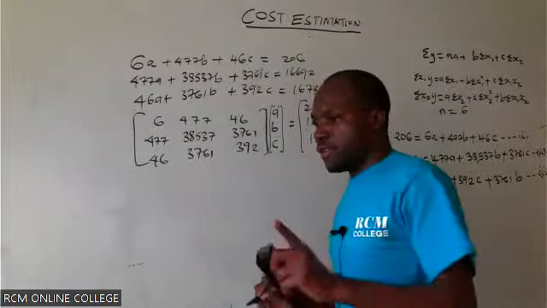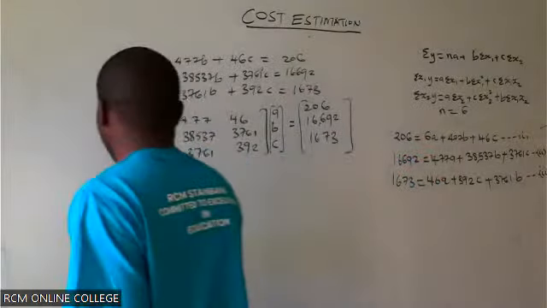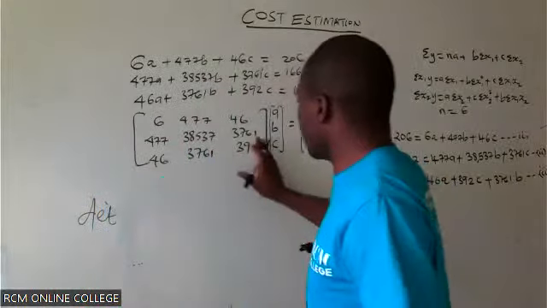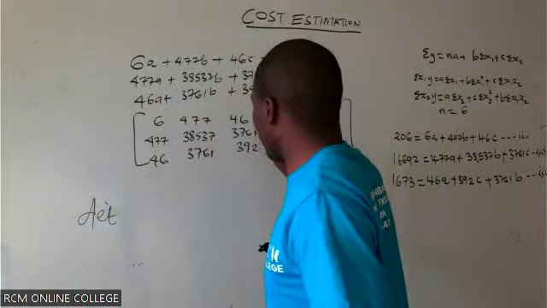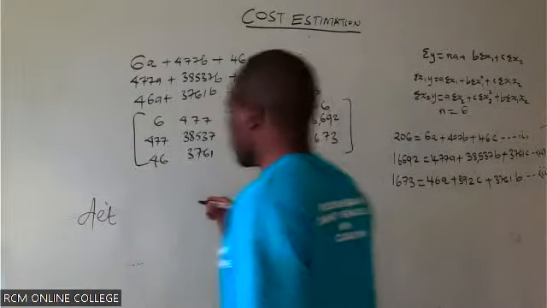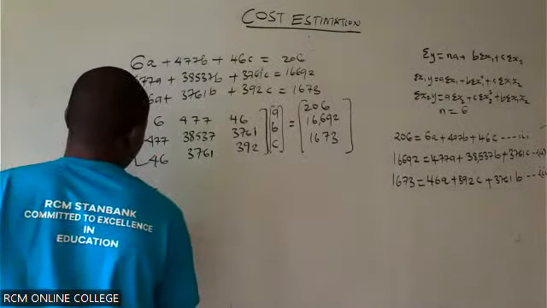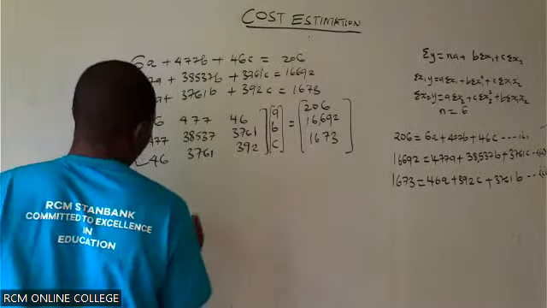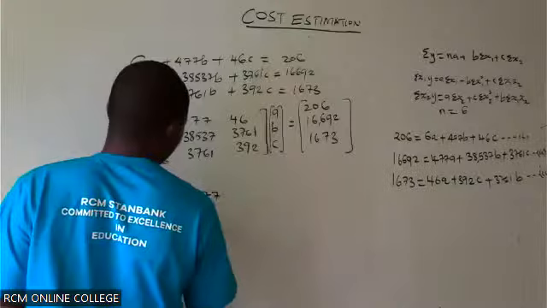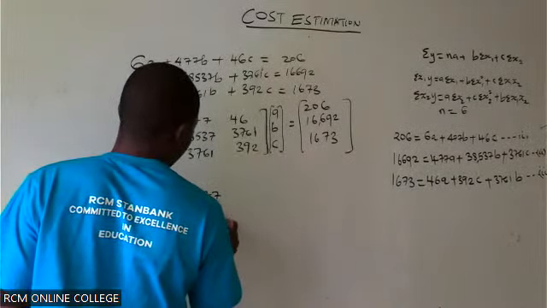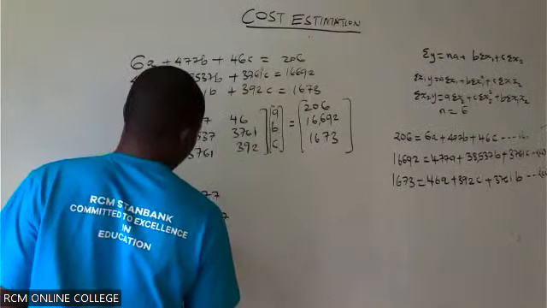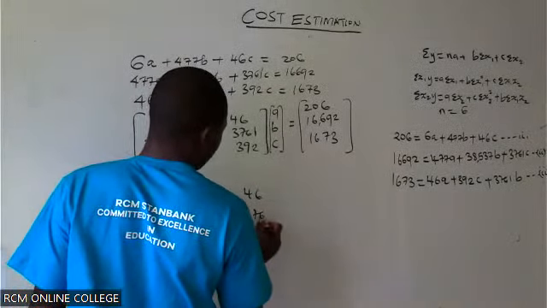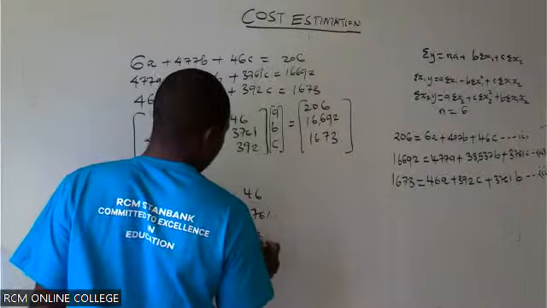The first thing you need to get is the determinant. You don't change anything. You just use what you have here. So I just have 6, 477, 46; 477, 38,537, 3761; 46, 3761, 392.